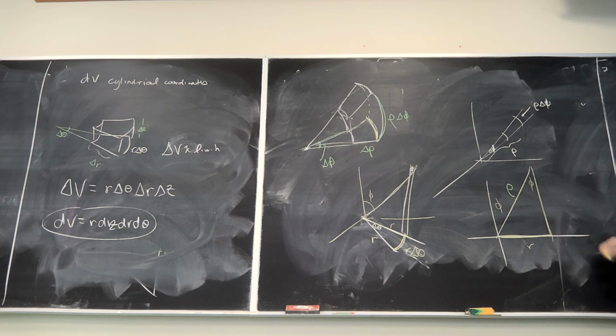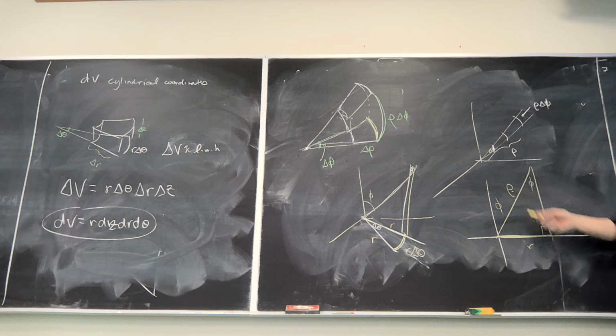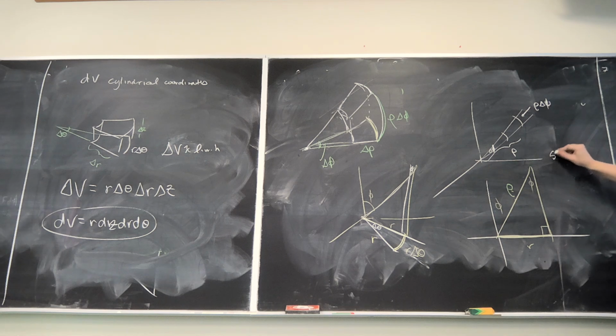So, given our high-powered trigonometry, do I know the relationship between rho, r, and phi? Sine phi equals r over rho. Yeah, sine of phi is equal to r over rho, which means r is equal to rho sine phi. Oh, look, we did it. We managed to get rid of the r and do it entirely in terms of rho and phi.